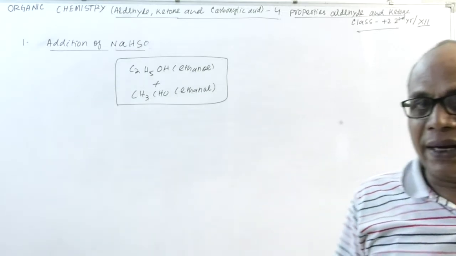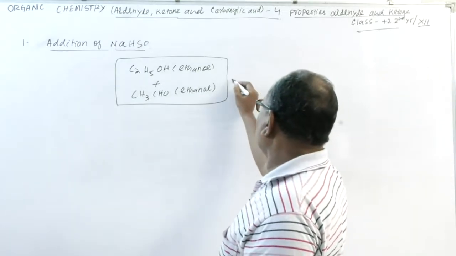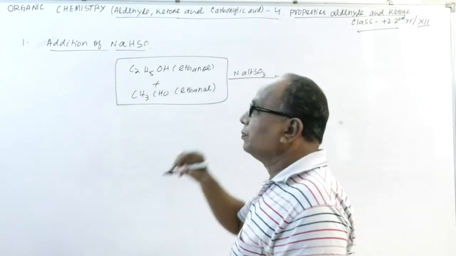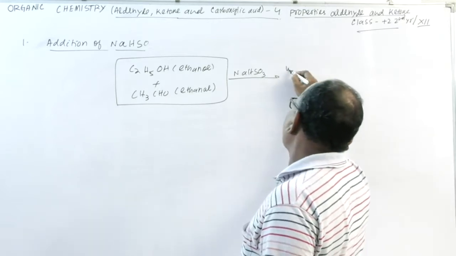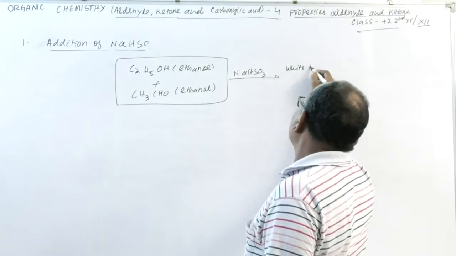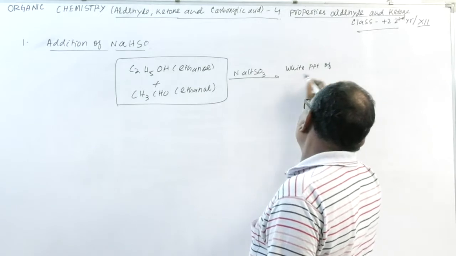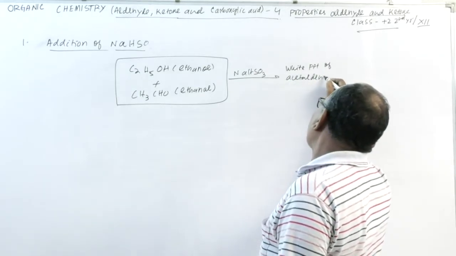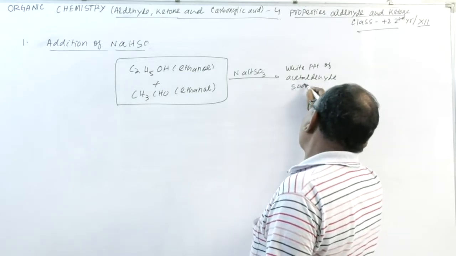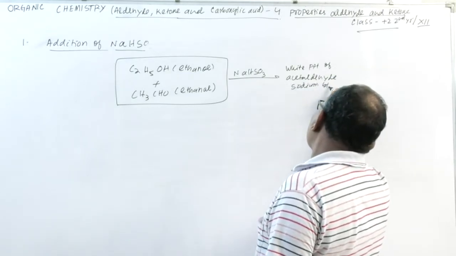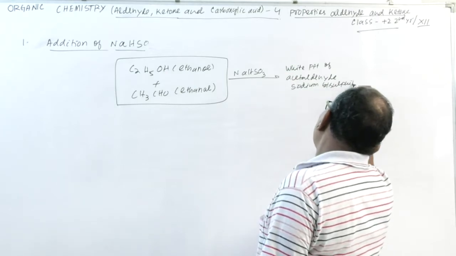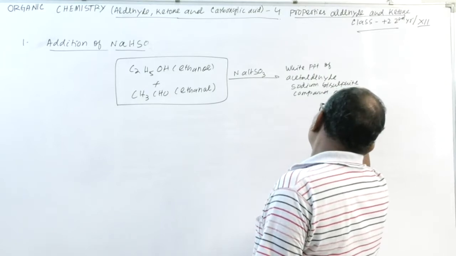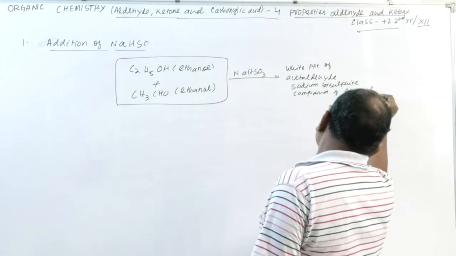To separate this, it will be treated with saturated solution of sodium bisulfite to give the white precipitate of acetaldehyde sodium bisulfite compound of ethanol.